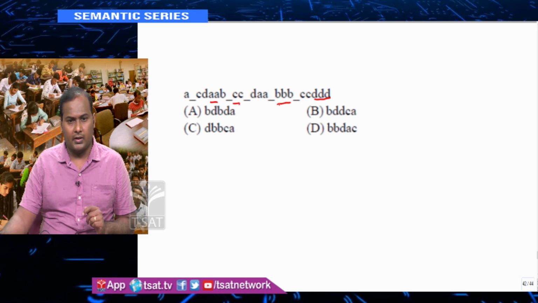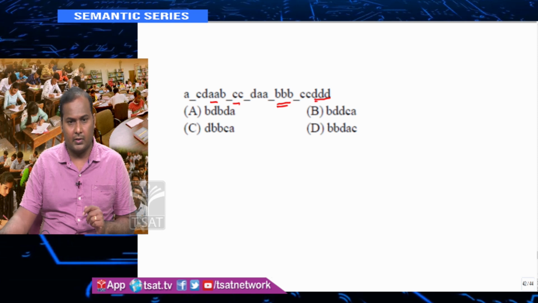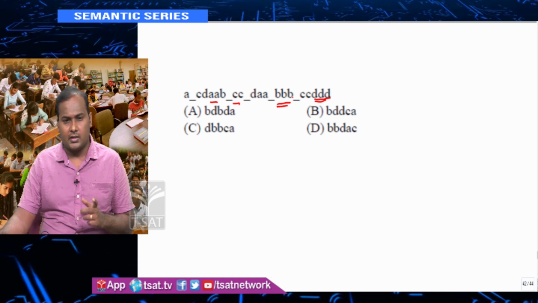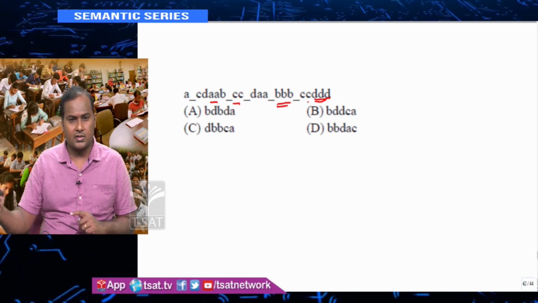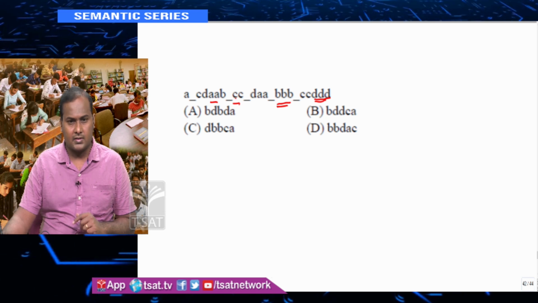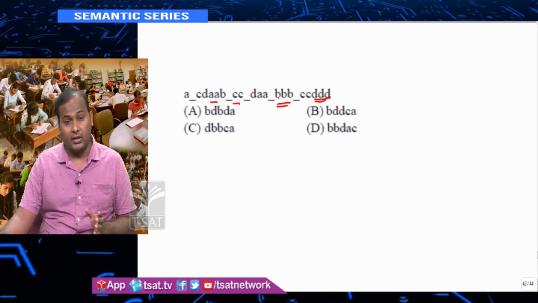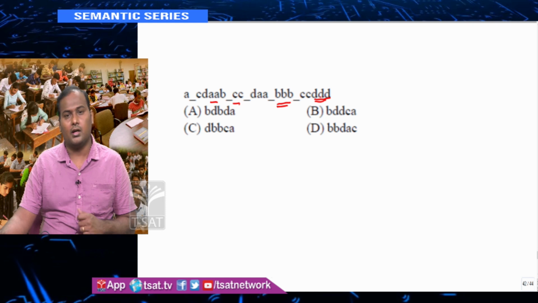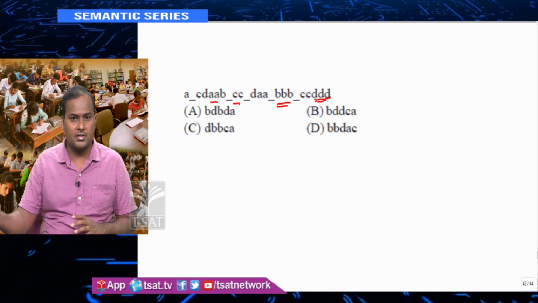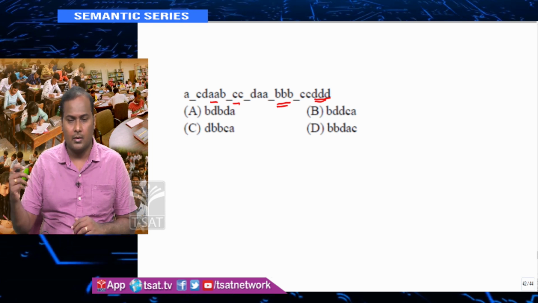Then later B repeats thrice and D repeats thrice. So by seeing this question, I come to know that the repetitions are increasing. Initially 2 repetitions like AA or CC, then later B repeated 3 times, then D also repeated 3 times. The moment I see this, the repetitions are increasing. That's what I have to get in my mind.